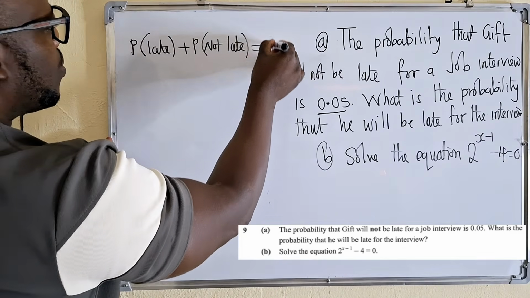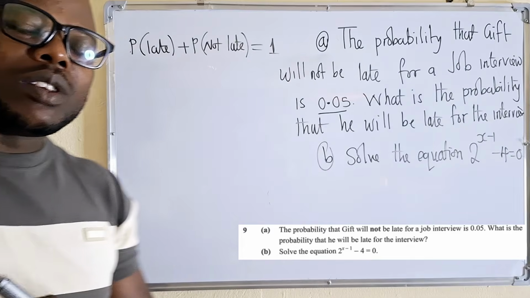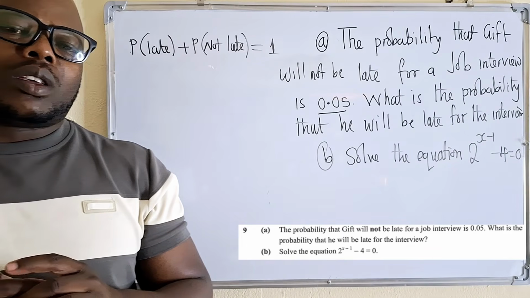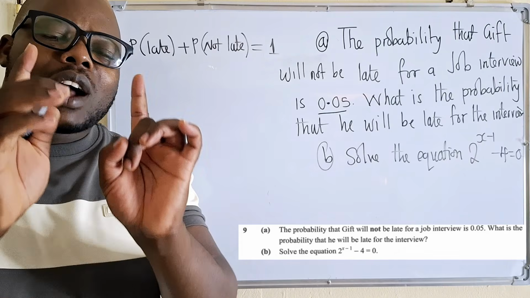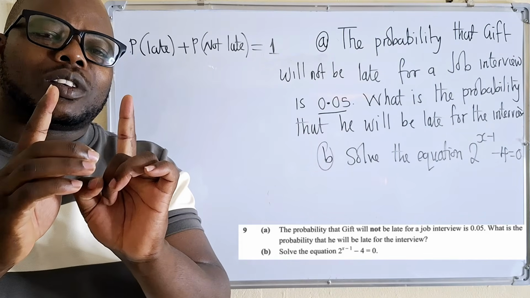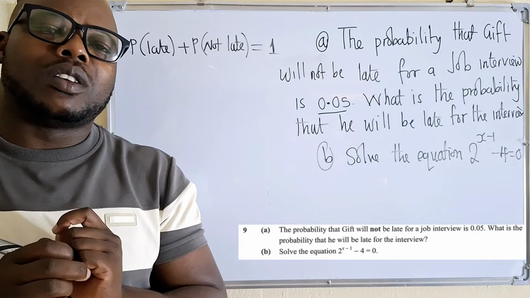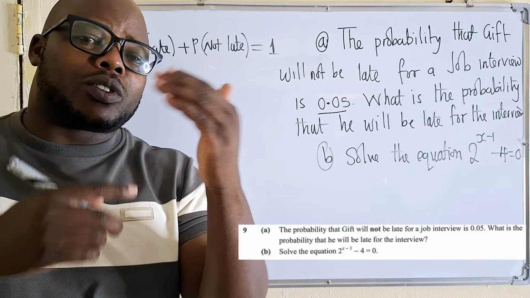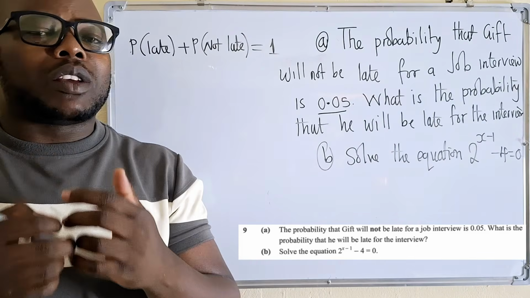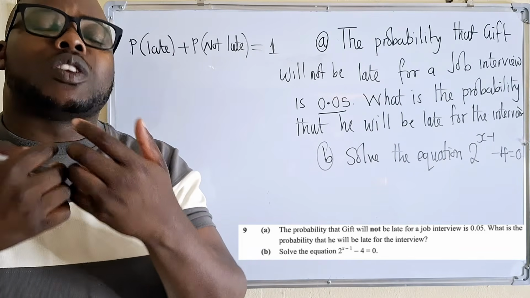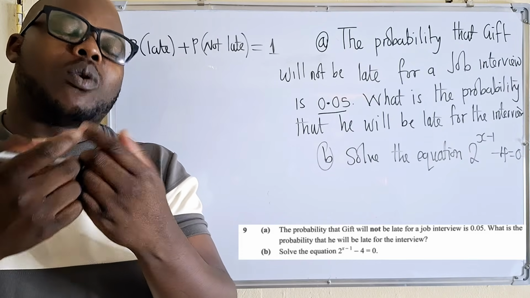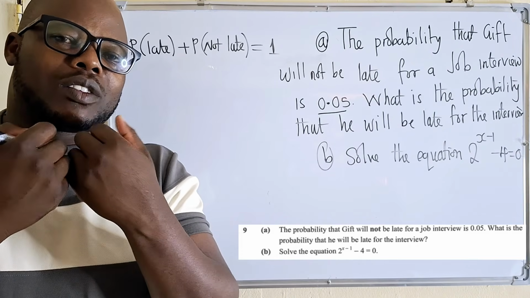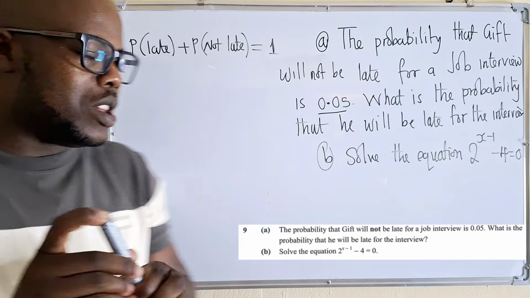So these two, when added, they must give us a 1. You must know that the rule of probability, when you add two events, you must get a 1. For example, the probability of something happening plus the probability of something not happening, it must be giving you a 1. That's a rule of probability.